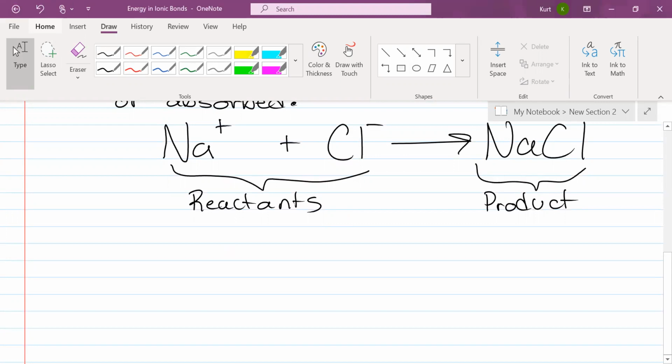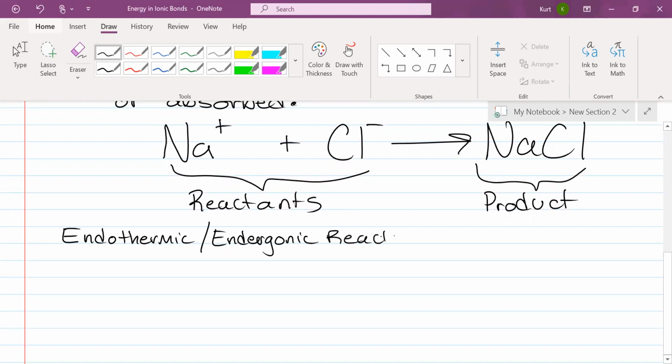Now here's what you all really need to get. You ready? One type of reaction is called an endothermic or endergonic reaction. What does the prefix endo mean? Inside. E-N-D-O means inside or entering.